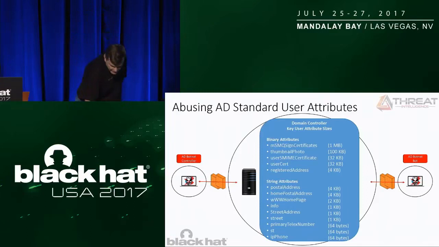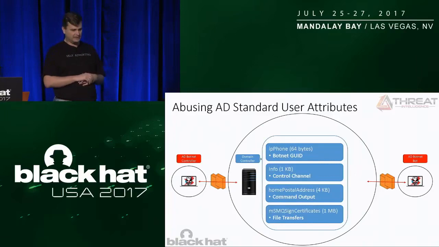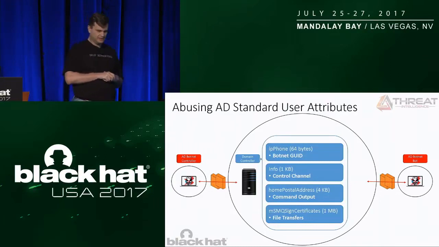So here's the next one. In terms of establishing our botnet, the way we did it is that when a node or a bot registers, one of the first things it does is that each botnet has a unique GUID. As part of its initialization routine, it updates the IP phone attribute with this GUID.